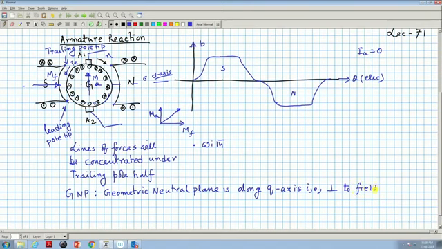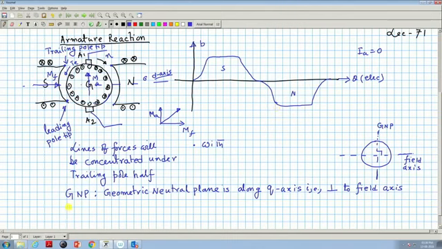By field axis I mean the stator field axis. So, this is the armature, this is your field axis. The geometric neutral plane is this one, GNP. Clear? This is the field axis. So, GNP is a line perpendicular to it.